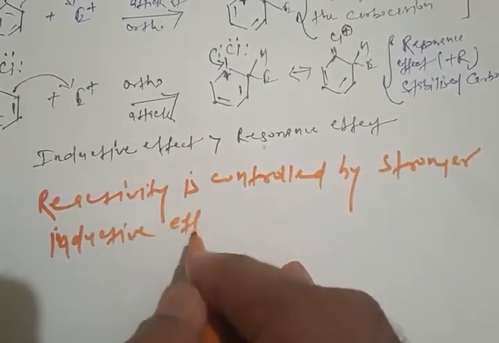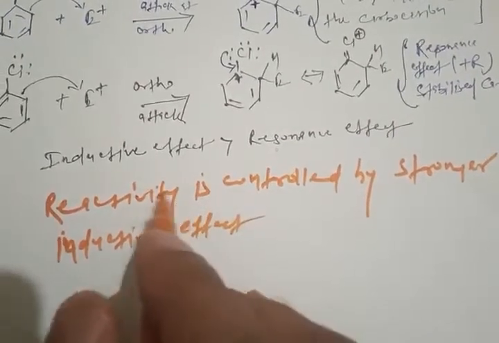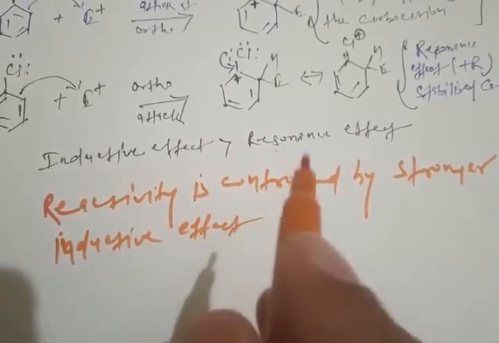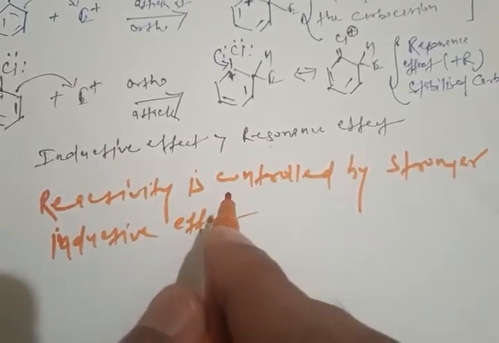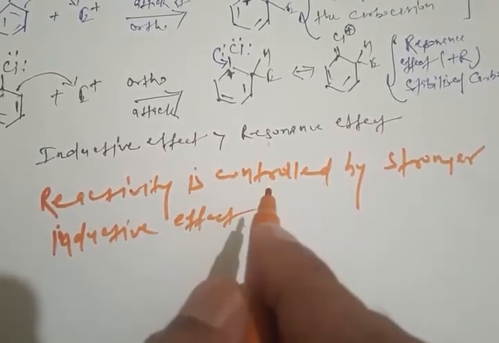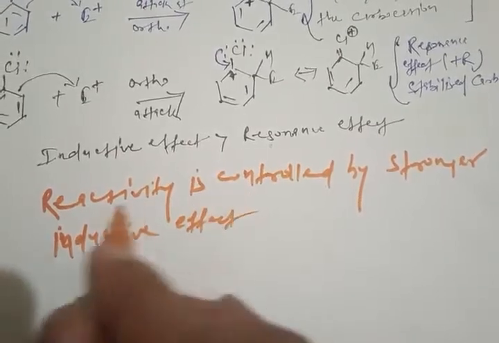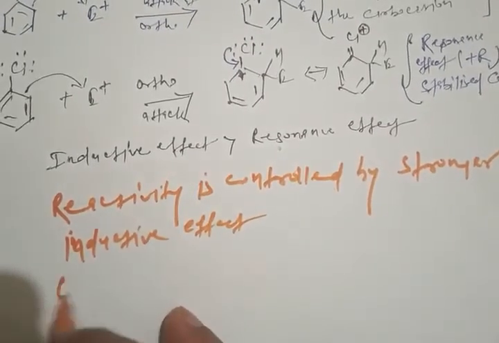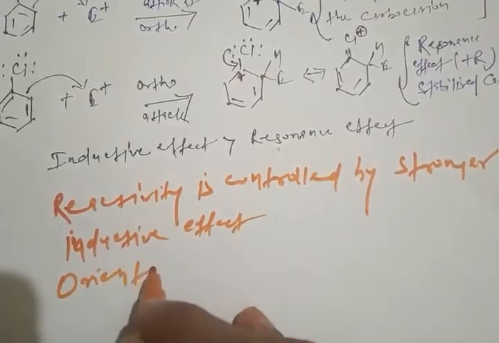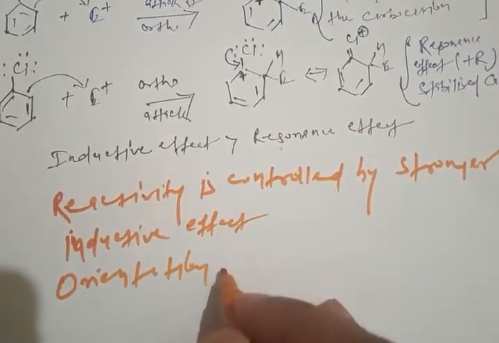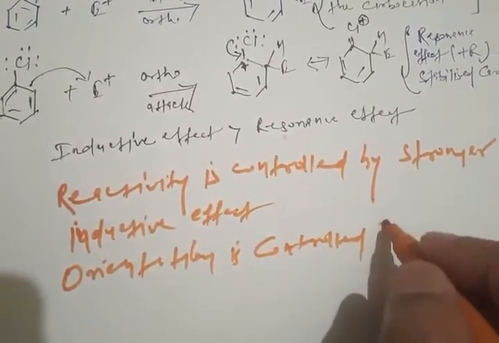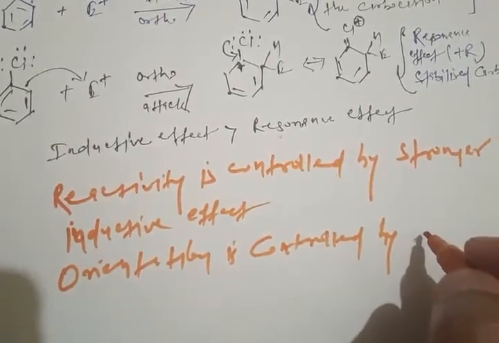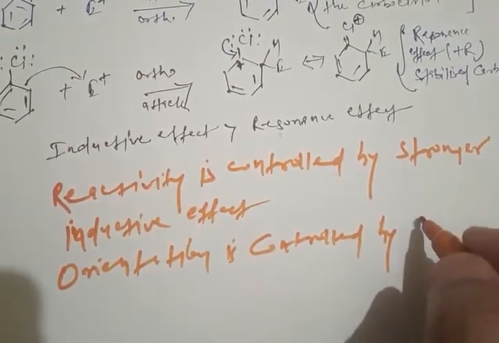We know that chlorobenzene is a less reactive compound compared to benzene, but its ortho and para directing nature is there, and the orientation is controlled by the resonance effect.